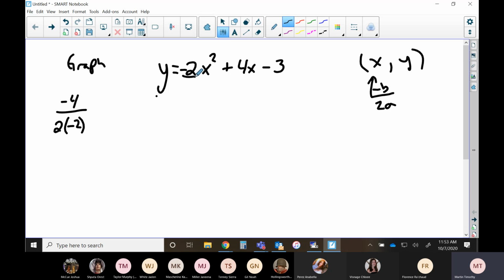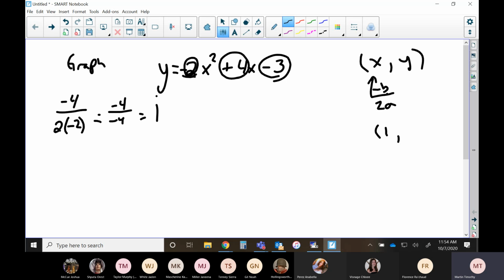A is -2 in this case. You with me? This is A, this is B, and this is C. So that's where I got my A and my B from. Then I get -4 over -4, which equals +1. So x being 1 is my vertex, yes?